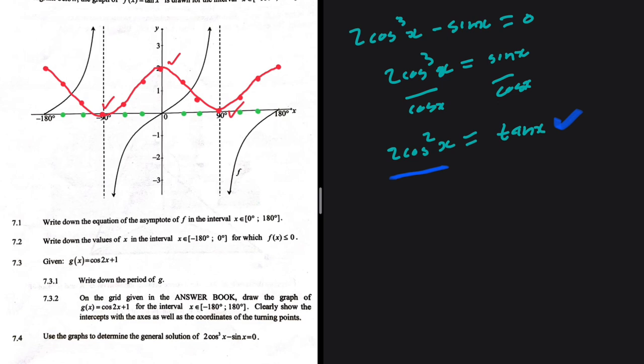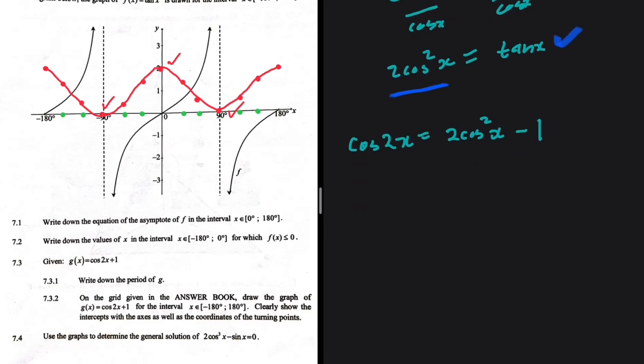And then I realized that cos of 2x is equals to 2 cos squared x minus 1. So take a look at what we have. We have 2 cos squared x.